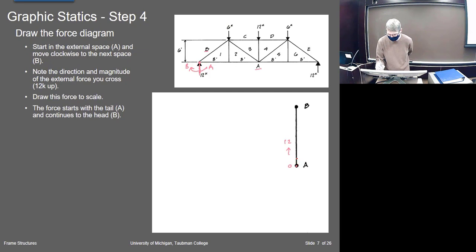So I can draw it graphically as a straight line up 12 units high, right? You can even do this on your graph paper if you like. You can follow along and make a little line 12 inches or 12 squares high or something.